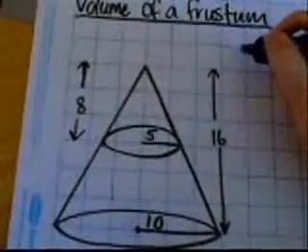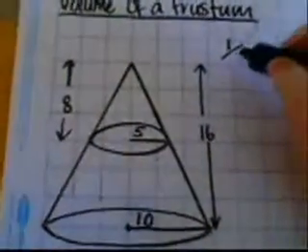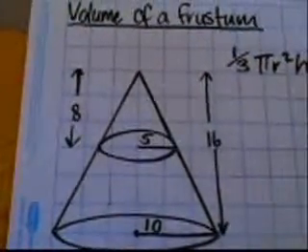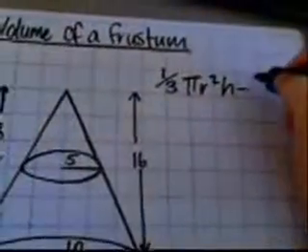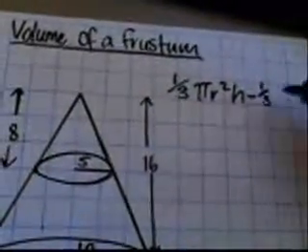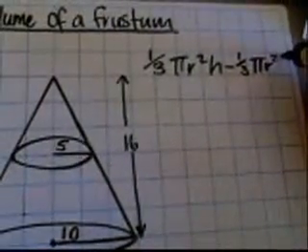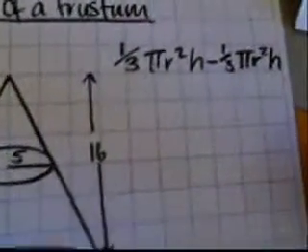The volume of a cone is 1/3 pi r squared times the height, minus the same, 1/3 pi r squared times the height.